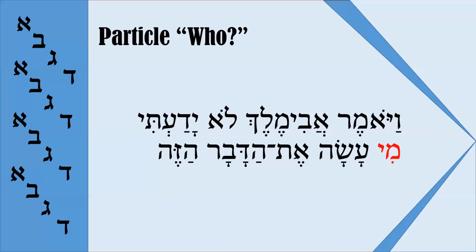And Avimelech said, lo yadati, which means I didn't know, or it's also possible to translate I don't know. Mi is who, asa did, et hadavar hazeh, this thing. Very well, Pastor Butala. Thank you very much for the translation.